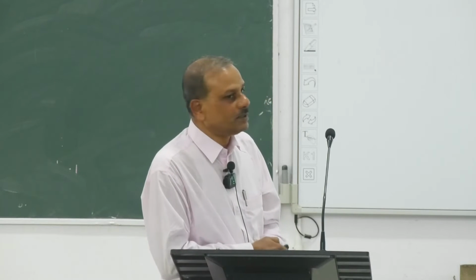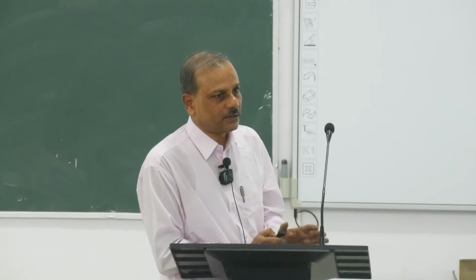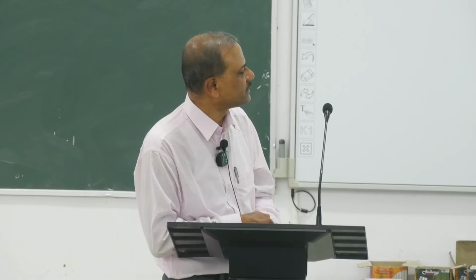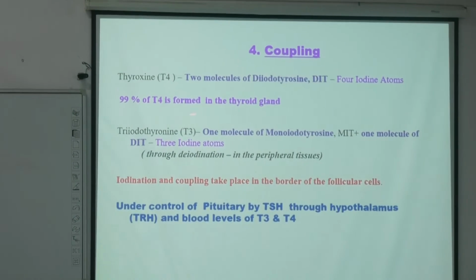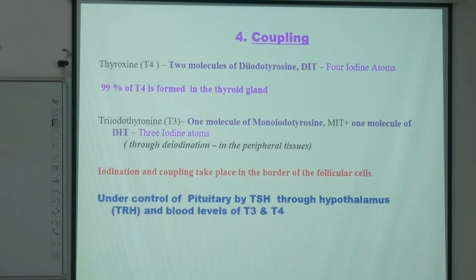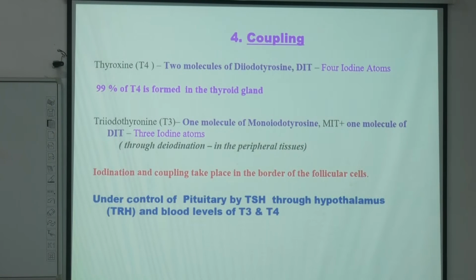So, coupling. After these have been formed, there is a coupling reaction. Two molecules of diiodotyrosine, that means four iodine atoms, are coupled, and this step is done in the thyroid gland. Basically, 100% of thyroxine is produced by the thyroid gland and not by peripheral tissue.